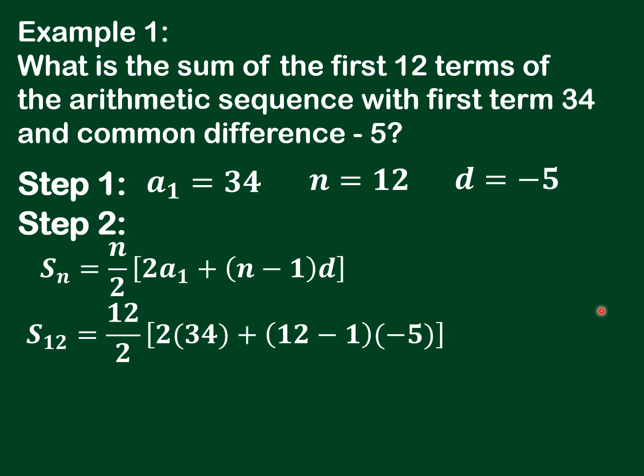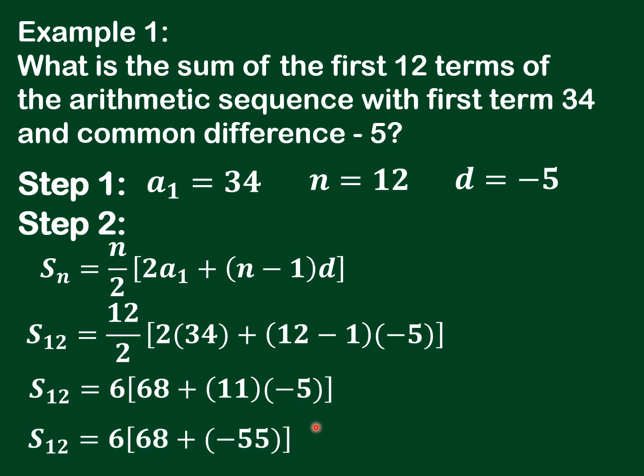And then simplify. So we have 12 divided by 2 is equal to 6. 2 times 34 is equal to 68. 12 minus 1 is equal to 11. And then we will copy negative 5. We will multiply 11 by negative 5. So the product is negative 55.